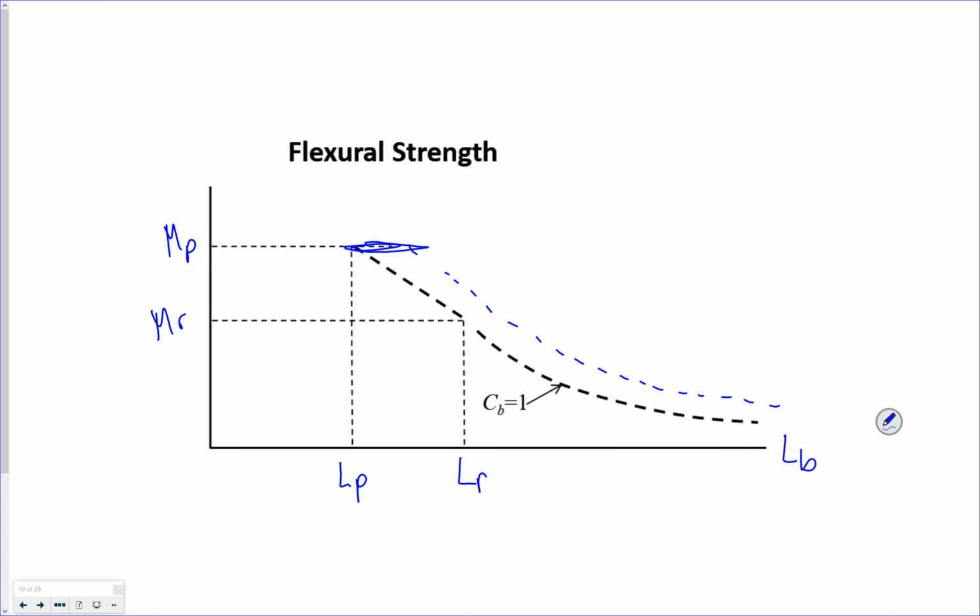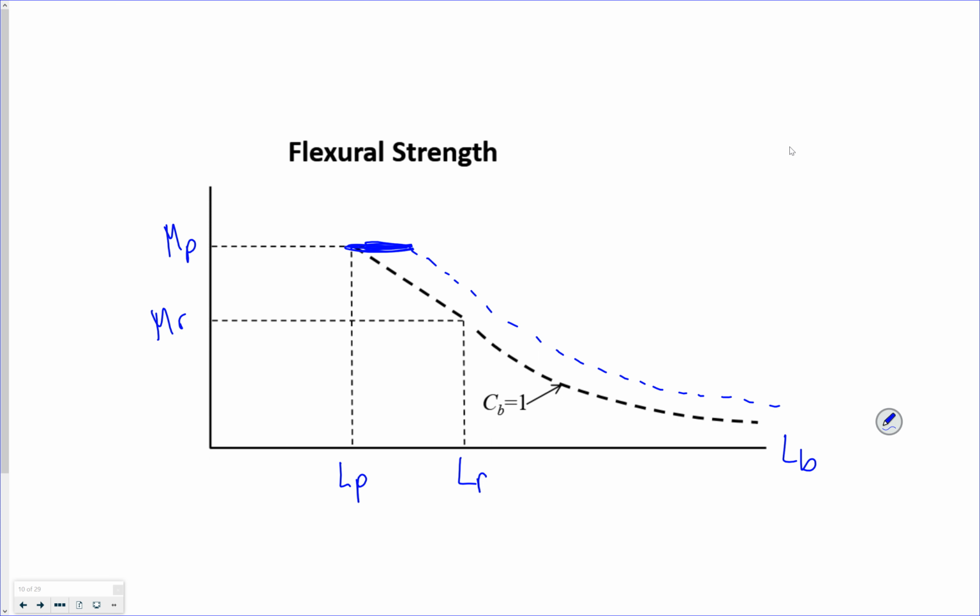But I'm still limited by, yep, this curve gets bumped out, which means I can have a bigger unbraced length before lateral torsional buckling comes into effect.